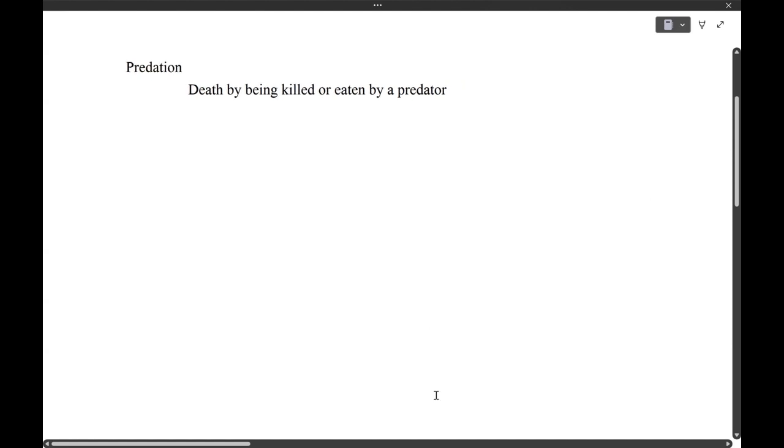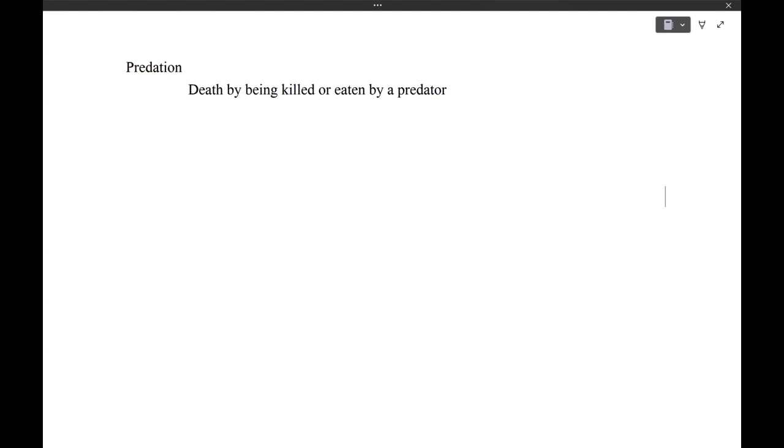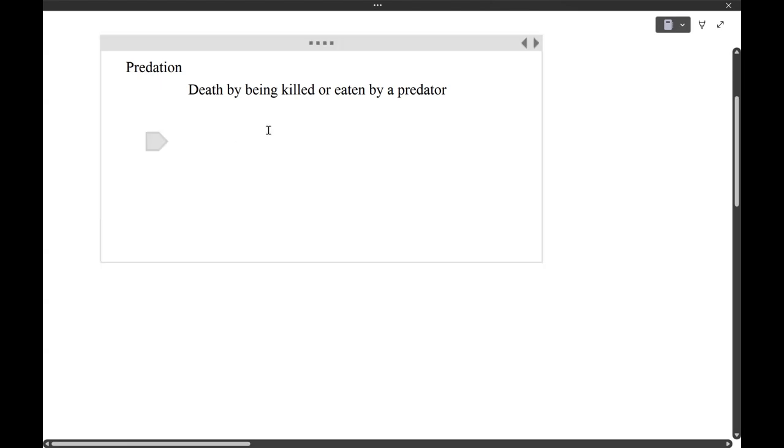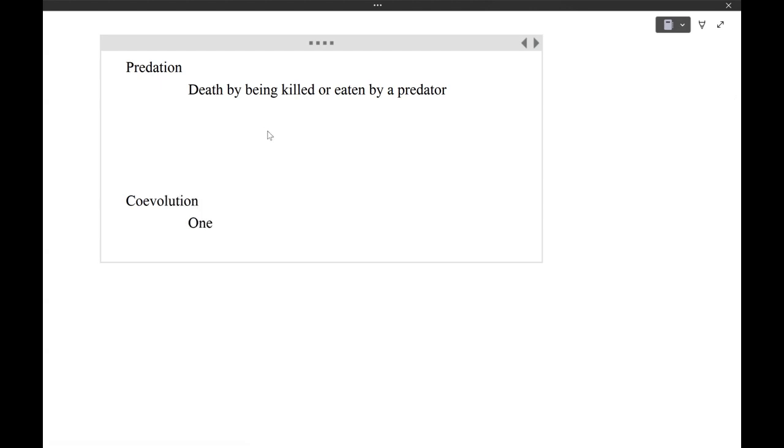Now, because of predation, it leads to something called coevolution. Coevolution is one species' evolution forcing another species to evolve.